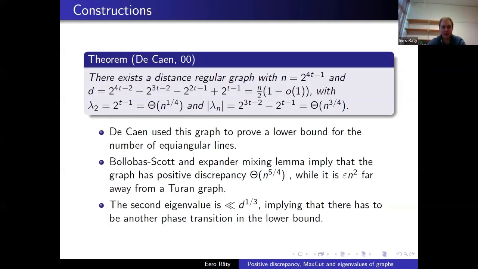So at least for the second eigenvalue, there has to be a new phase transition. And this suggests that maybe for the positive discrepancy, something else should occur for graphs which have density at least half and which are still far away from random graphs.